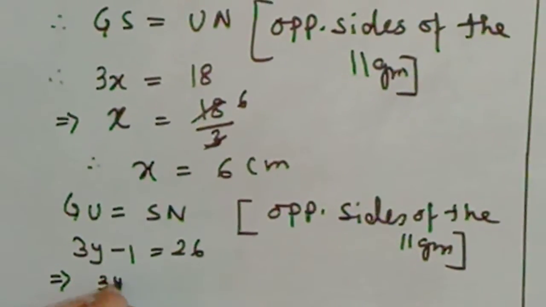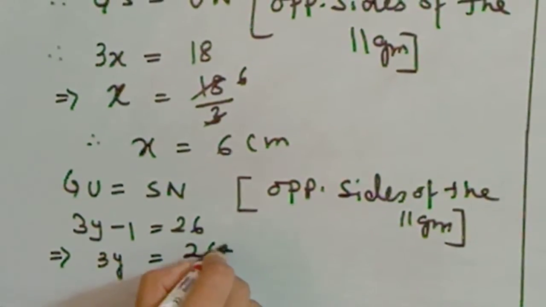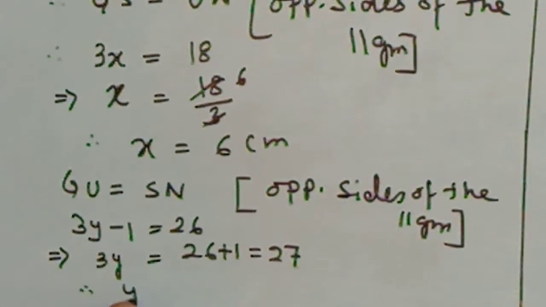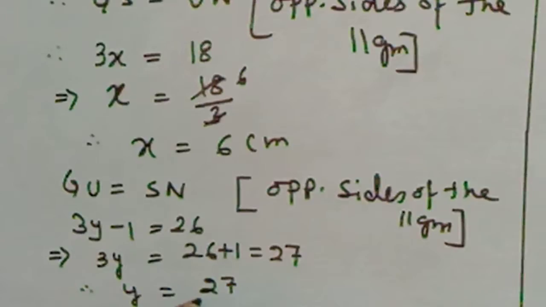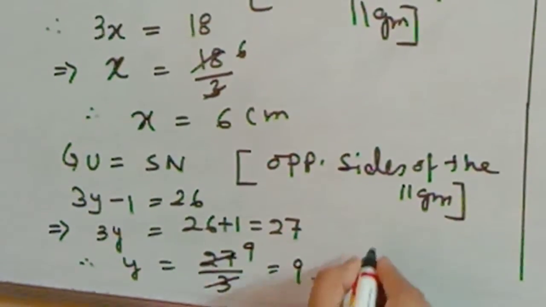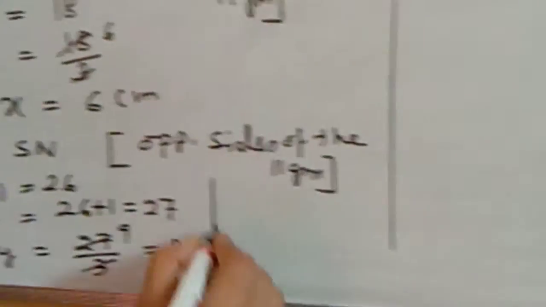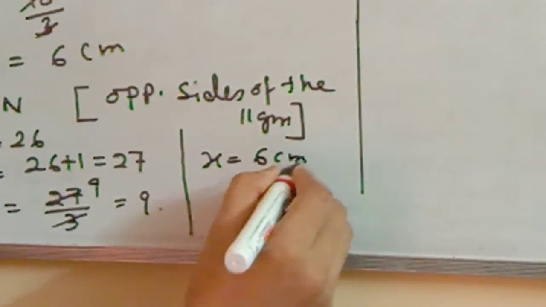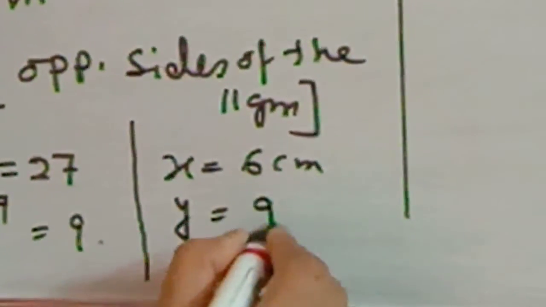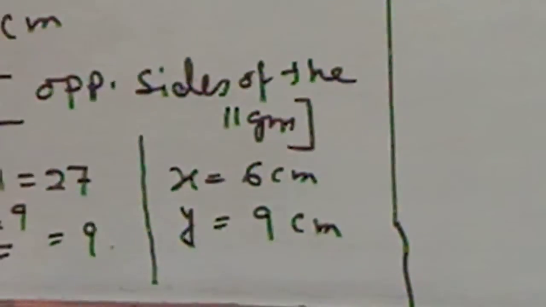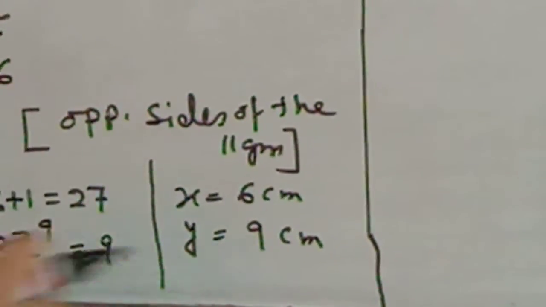Therefore, 3y is equal to 26 plus 1, that is 27. Therefore, y is equal to 27 by 3, equal to 9. So, whatever the values you have got here for question number 1, x is equal to 6 centimeters and y is equal to 9 centimeters. Understood? Come to the next sum.